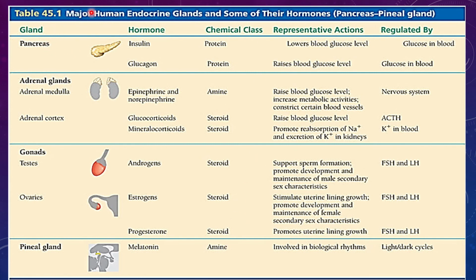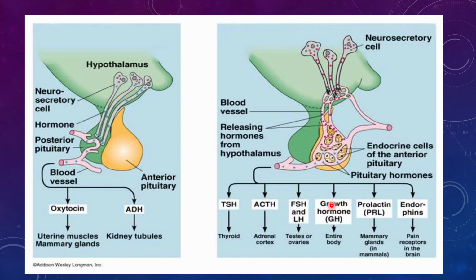Now here is another table to show the glands, their respective hormones, and also the functions. This is the anterior pituitary and also the posterior pituitary with their respective hormones.